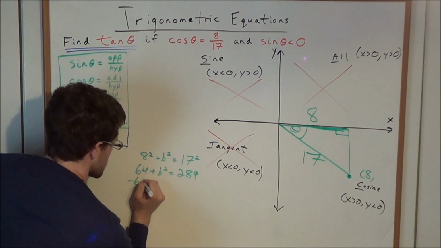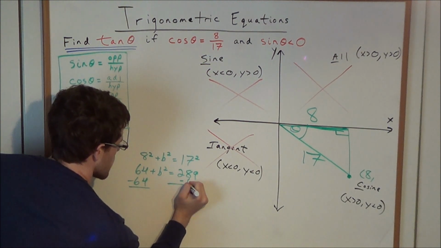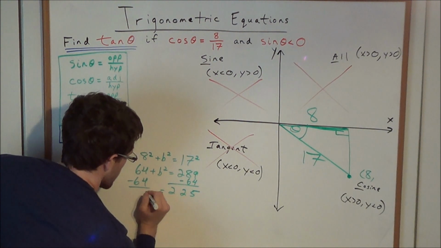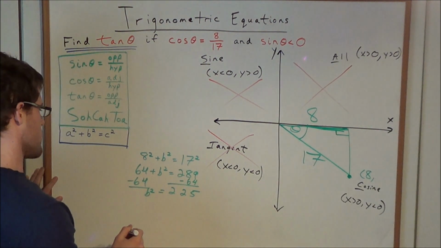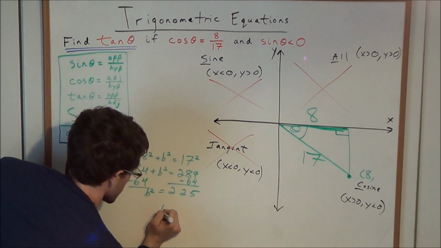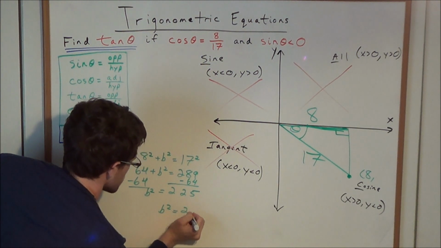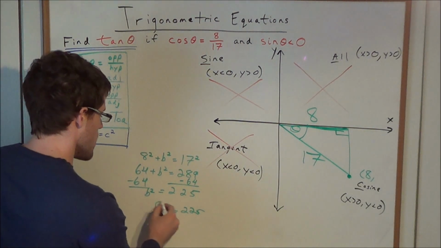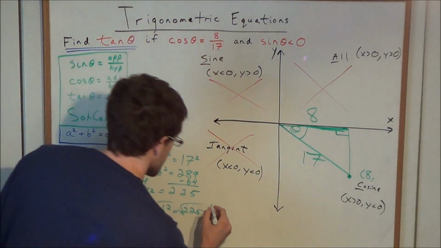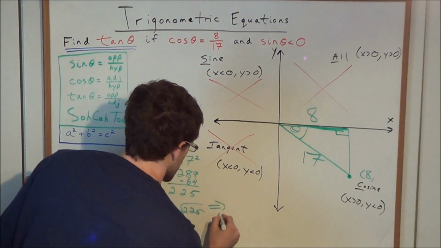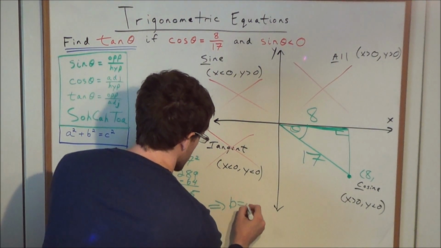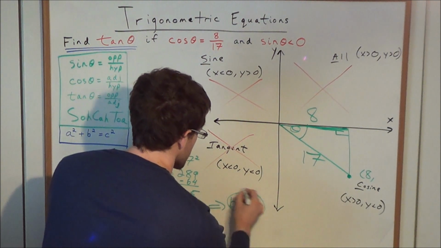Subtracting 64 from both sides, we have 225 equals b squared. So b squared is equal to 225. To solve for b, we take the square root of both sides, which implies that b is equal to 15.